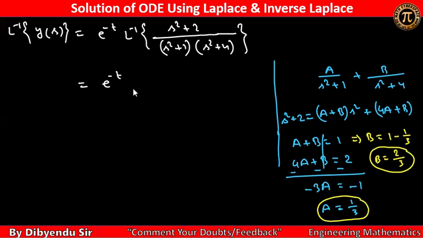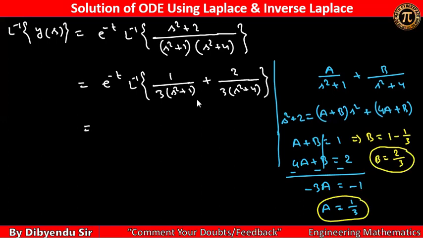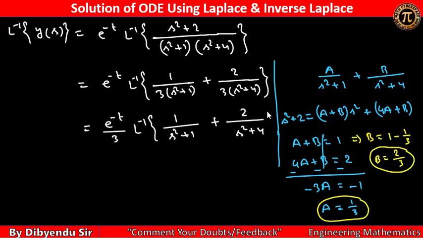So you are getting Laplace inverse of A equals 1 by 3, that means 1 by 3 into s square plus 1, plus B equals 2 by 3, that means 2 by 3 into s square plus 4. Now 1 by 3 is common, so e to the power minus t divided by 3, Laplace inverse of 1 by s square plus 1 plus 2 by s square plus 4.